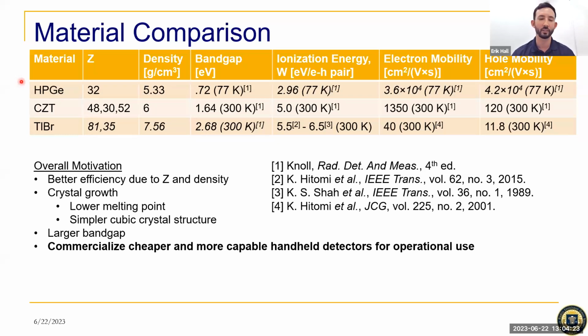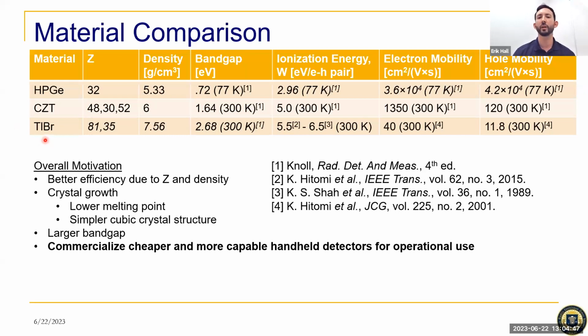It's used in most labs that I know of for gamma ray detection. CZT was pioneered by our group here, and it's very well commercialized by Professor He's company, H3D. And then my research, since I've been a PhD student, is in thallium bromide.